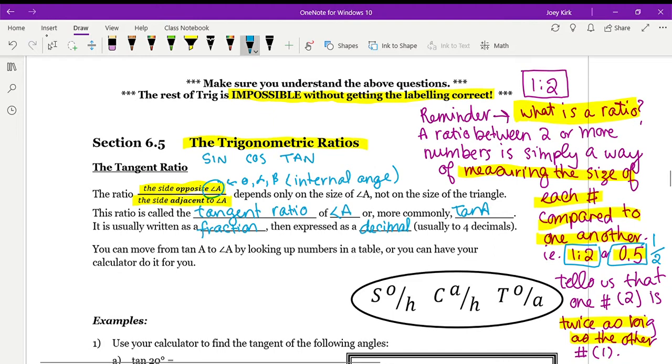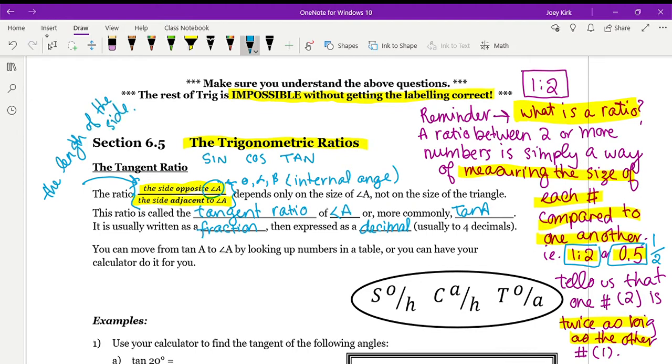So what we're looking at here is the ratio between the side that is opposite the angle and the side that is adjacent to the angle, okay? Now, this is the length of the side. When I say the side opposite here, I mean the length of the side, okay?